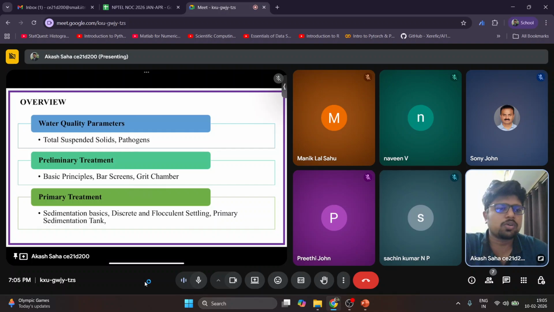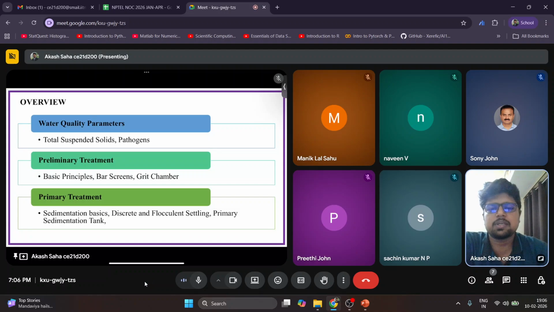First, preliminary treatment: the basic principles of bar screens and the grit chamber. Then primary treatment: sedimentation basics, the different kinds of settling, discrete and flocculant settling, and the details of the primary sedimentation tank. This was the brief overview of the week 3 lectures.